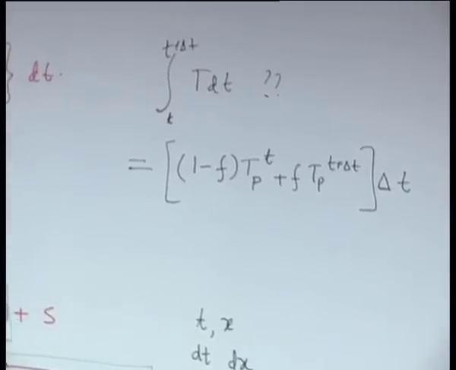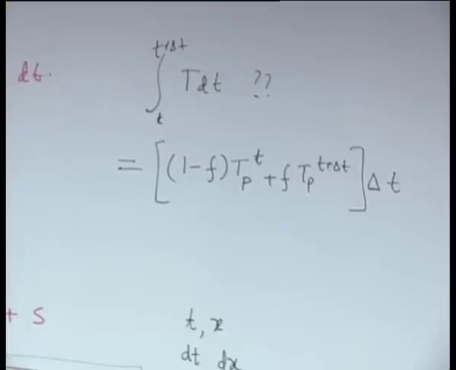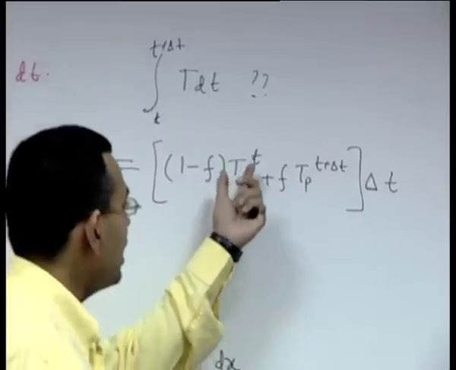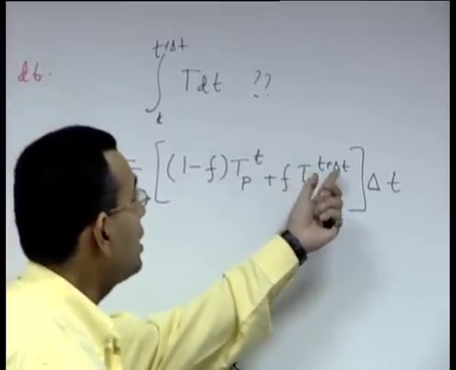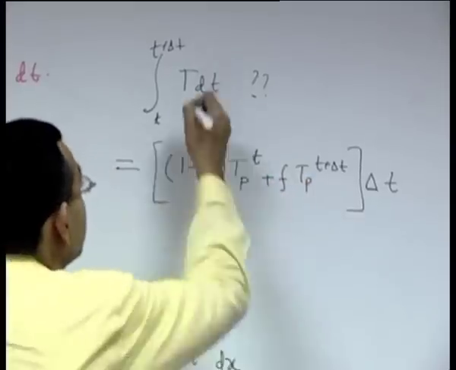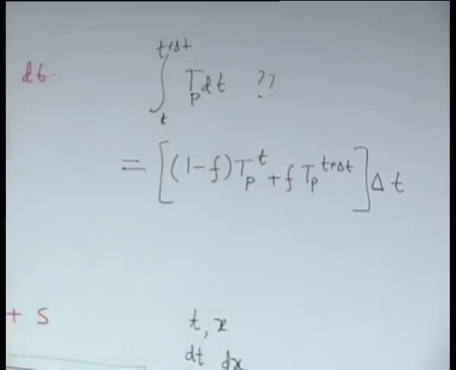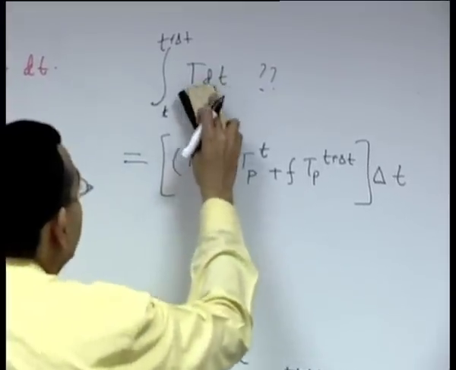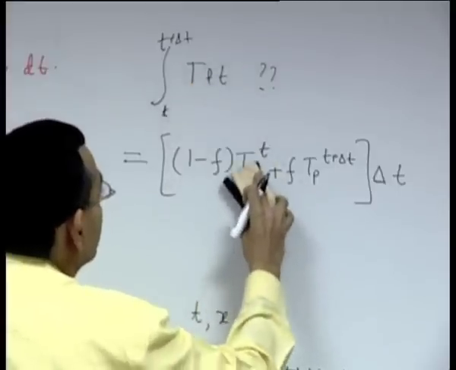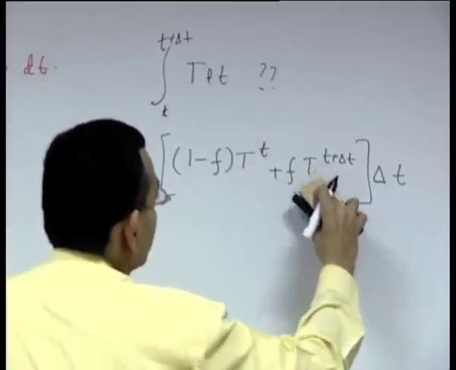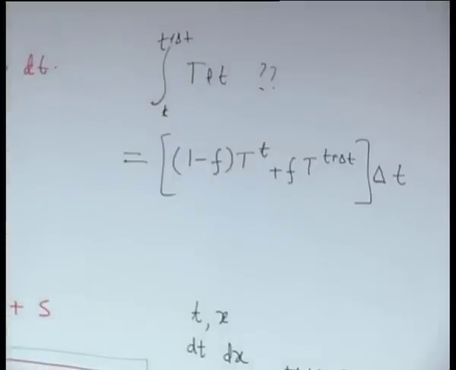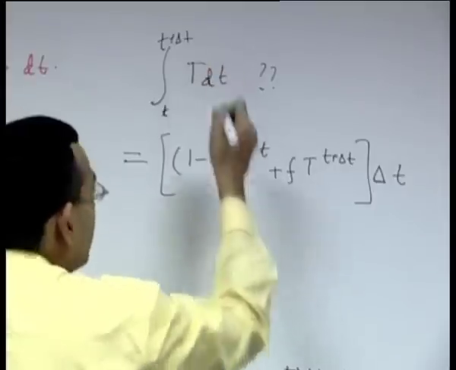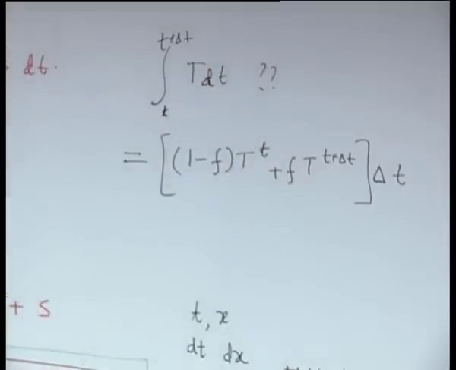So f is a weight and it is considered to be some weighted combination of temperature at t and temperature at t plus delta t, if this is P. In general, forget about the subscript P, it can be temperature at any point. If it is P, we call it P, if it is E, we call it E, or W, like that.